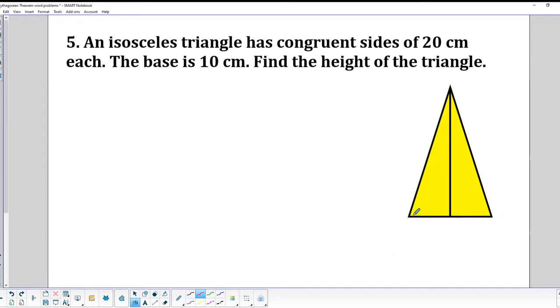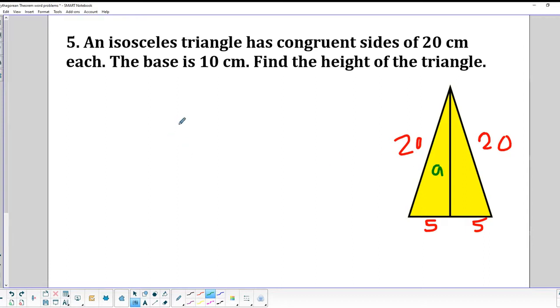If this original base was 10, then each half is going to be 5. And then if each of these sides is 20 and 20, and that's 5, then you can use either this 20 and this 5, or this 20 and this 5 to find the height, which is A.